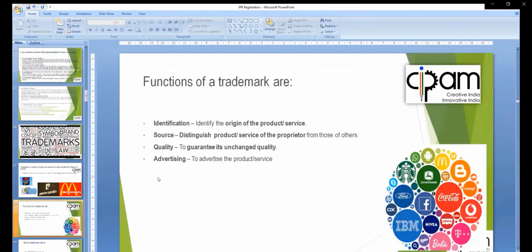Functions of a trademark: it provides identity, source, quality, advertising. For example, we buy the milk of Amul because of the quality of Amul. Suppose the cheese of Amul, just because of the quality, just looking at the trademark, the word name Amul itself is the trademark.